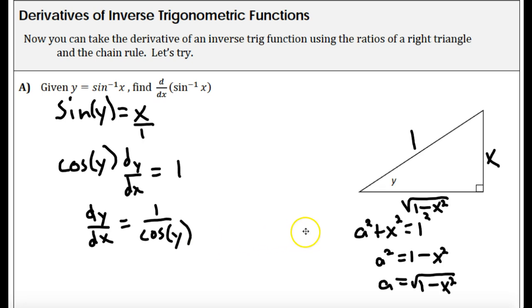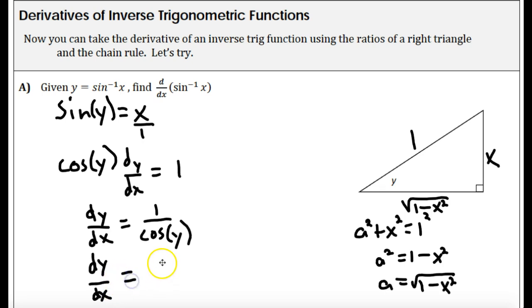Well, now I can go to my triangle here and get this value. So cosine we know is adjacent over hypotenuse. So if I look at my triangle here, the adjacent side of my defined angle of y is the square root of 1 minus x squared, and the hypotenuse is 1. So the cosine would be the square root of 1 minus x squared over 1. I can replace that in my formula now and just get this.